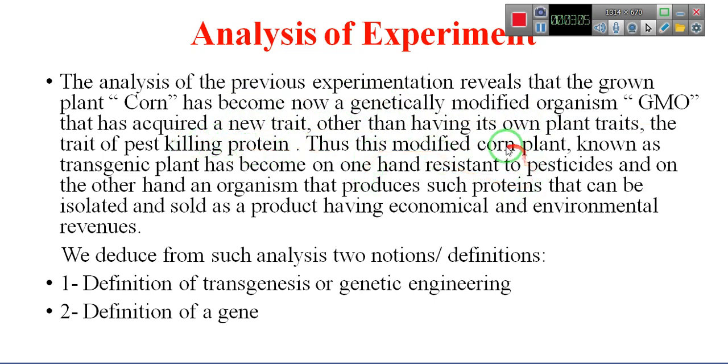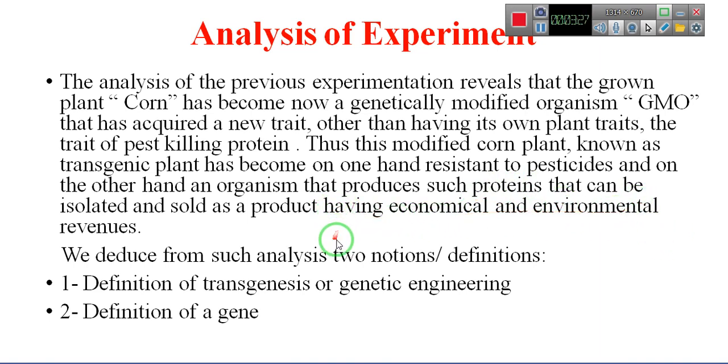Thus, this modified corn plant, known as a transgenic plant, has become on one hand resistant to pesticides, and on the other hand an organism that produces such proteins that can be isolated and sold in the market as a product, having both economical and environmental revenues or benefits.